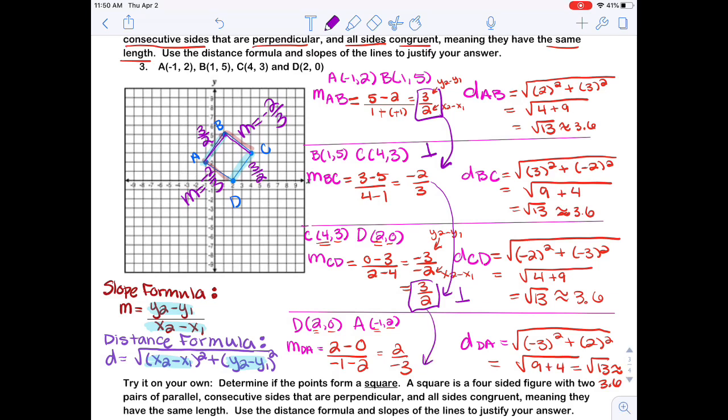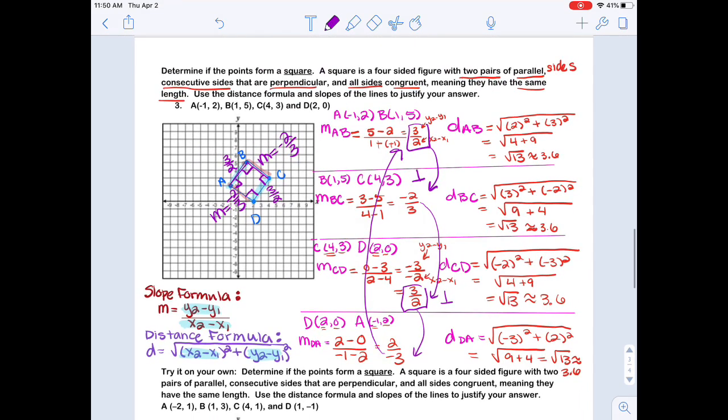Same from here to here. It flipped and became its opposite sign. And if I go back up to the top, same thing happened here. So all sides are perpendicular, so that means that I have 4 right angles. So we have 2 of the 3 requirements. We have opposite sides parallel, and we have consecutive sides perpendicular.